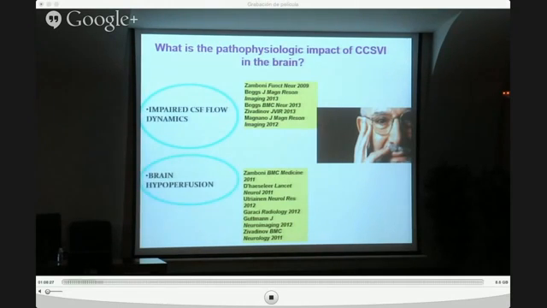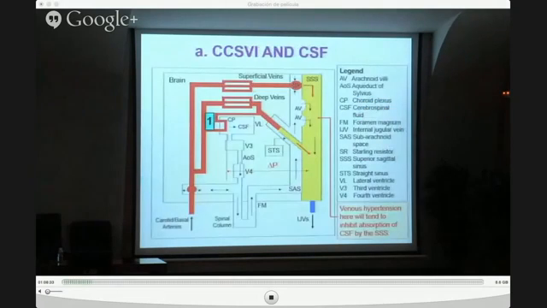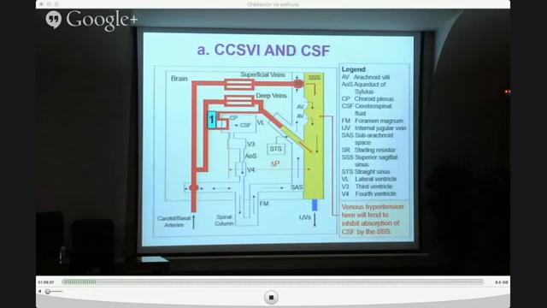Both aspects are a very important part of the pathogenesis of neurodegeneration and are strongly influenced by the venous drainage. The production of the CSF at the level of the choroid plexus is not influenced, and we did not measure any difference with respect to control people.